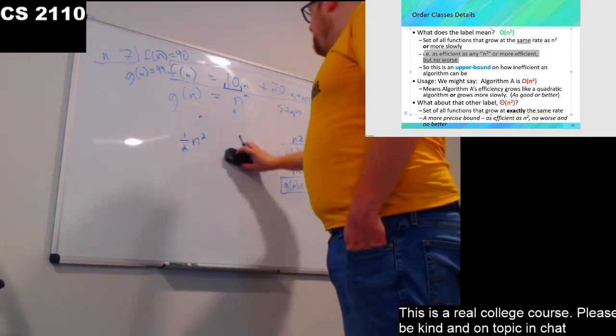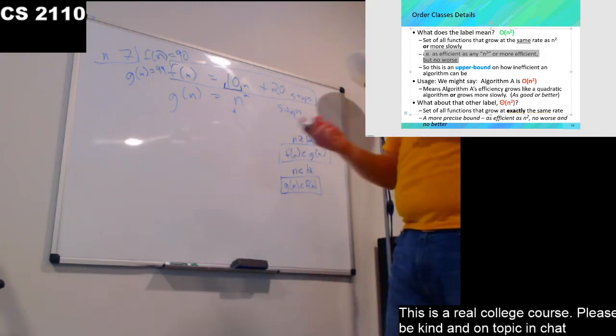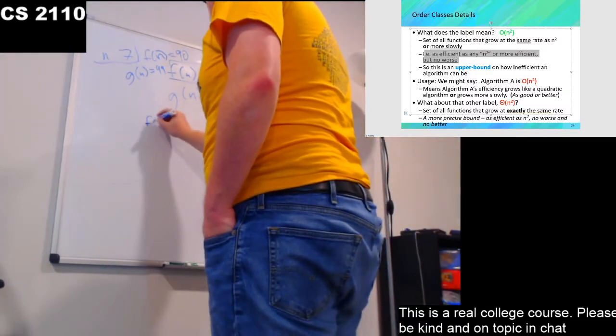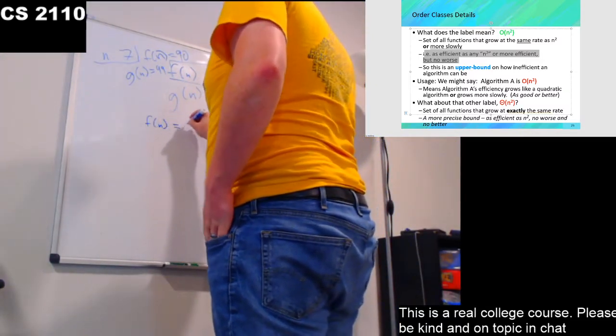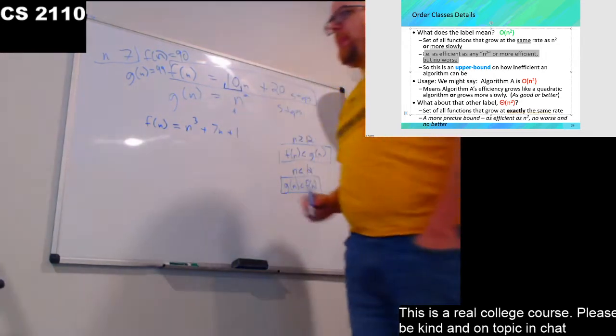So the idea of big O analysis isn't saying that this is exactly the runtime. For example, let's take an algorithm where f of n is n cubed plus 7n plus 1.